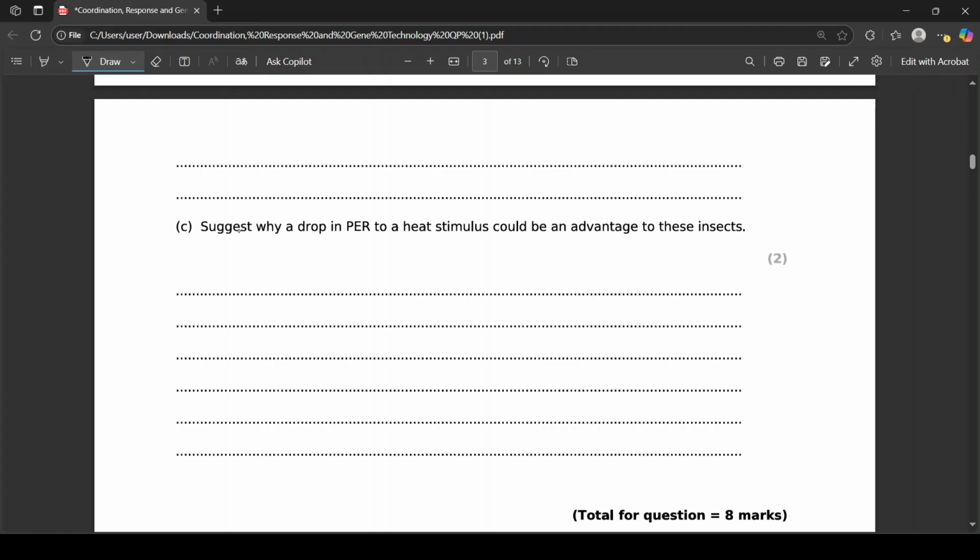So, we could simply write this as: so that the energy is saved by not extending the proboscis.